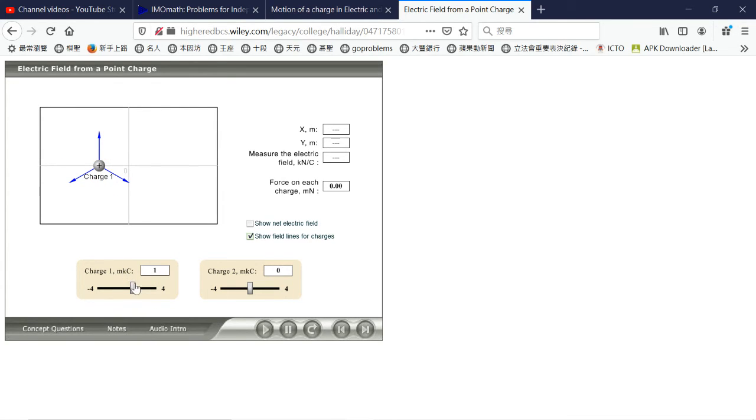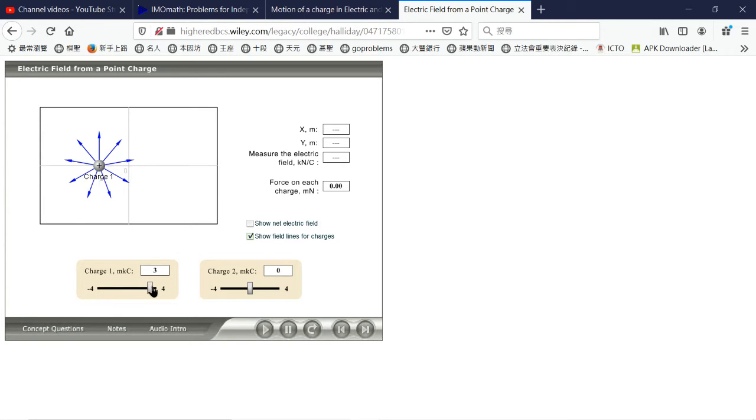We can simply assume it to be 1 unit of charge, 2 units of charge, 3 units of charge, and so on. If I make it 1 here, there are 3 arrows, and if I make it 2, there are 6, just to show the electric field is stronger and stronger.